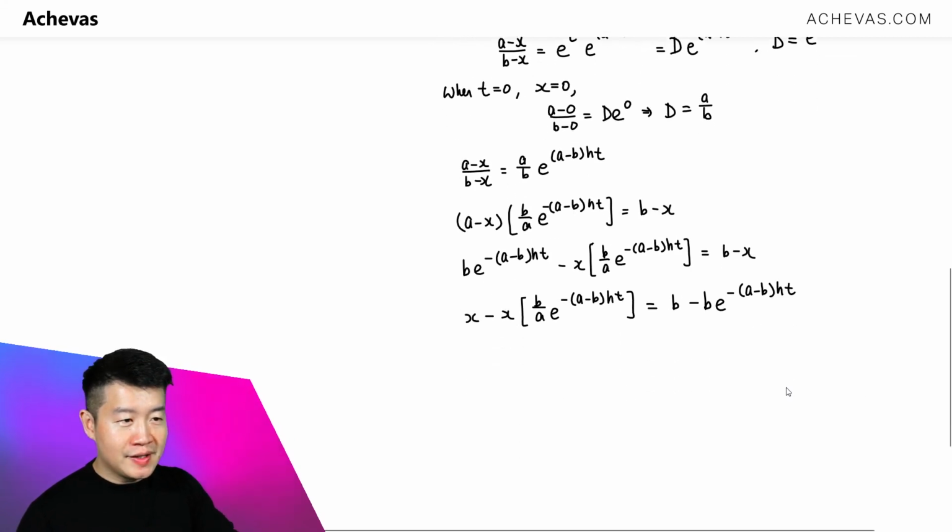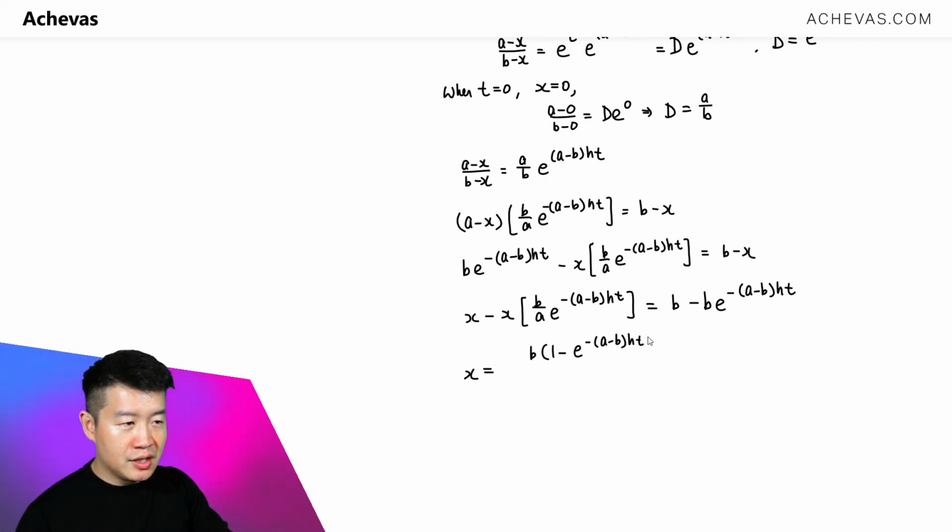Let's do another simplification, making x the subject this time. So x is going to be equal to, factorizing out b, we have b(1 - e to the power of -(a - b)ht). So we have this. And this is going to be divided by, since I've already factorized out x, a 1 minus b over a e to the power of -(a - b)ht.